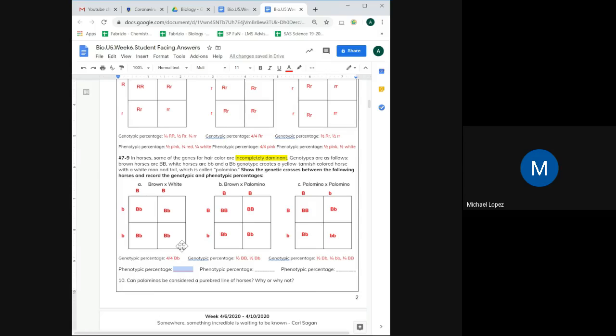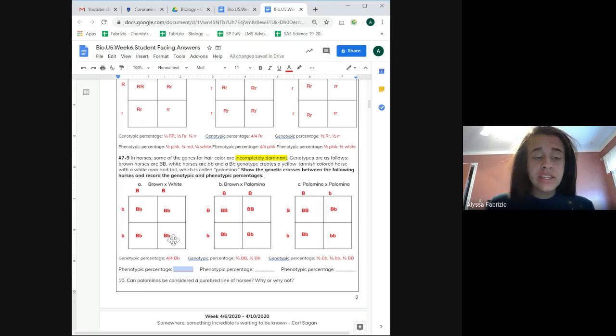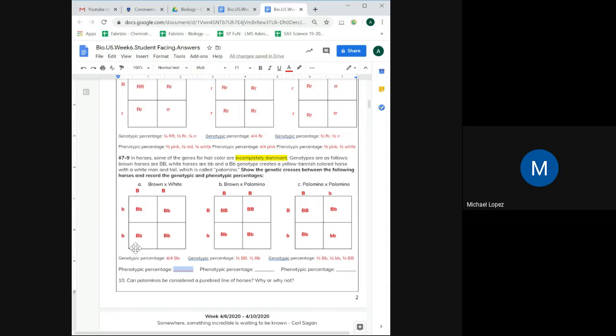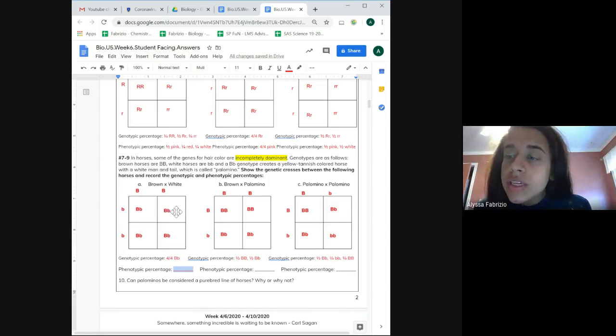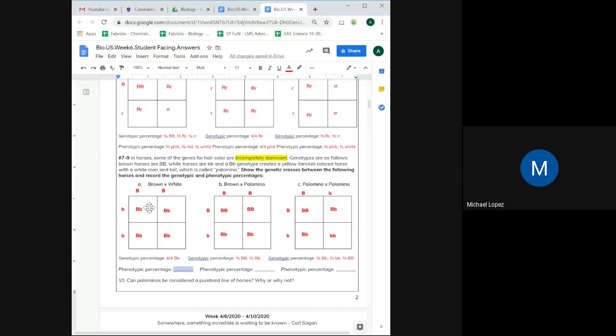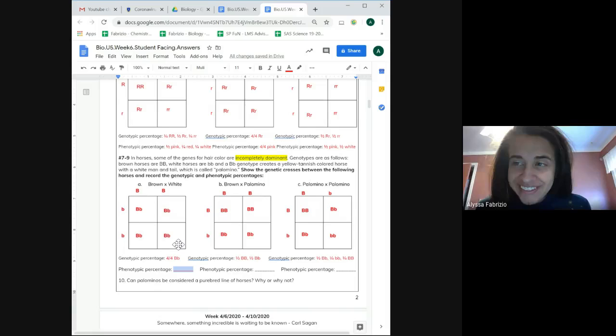You said a palomino horse or a brown horse and a white horse. I'm still talking about A right here. So we're crossing a brown horse with a white horse. It's going to end up being a brown horse. You said a brown horse or a palomino horse? No, I'm lost. Sorry, I don't know.